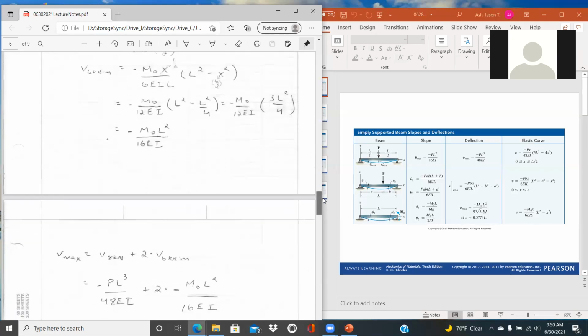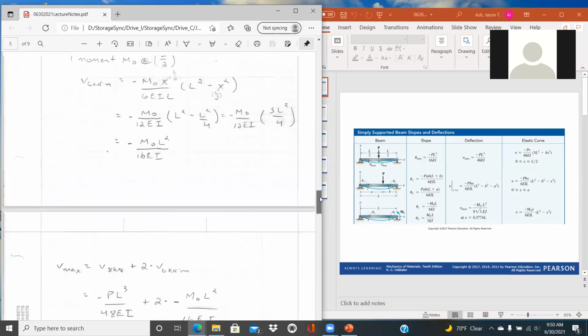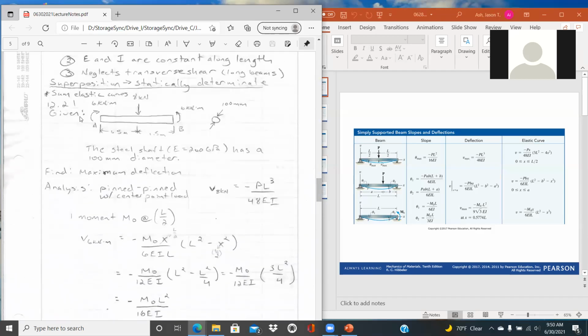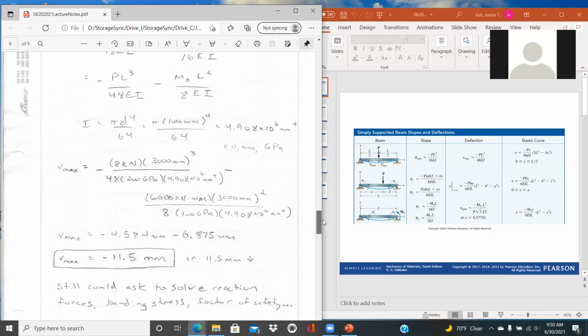And so the superposition then is the maximum displacement is that displacement that's caused by the 8 kilonewton force plus 2 times the displacement caused by that 6 kilonewton meter moment. Again, the 2 comes from the effect of the moment on the left-hand side would produce that same displacement as the moment on the right-hand side.